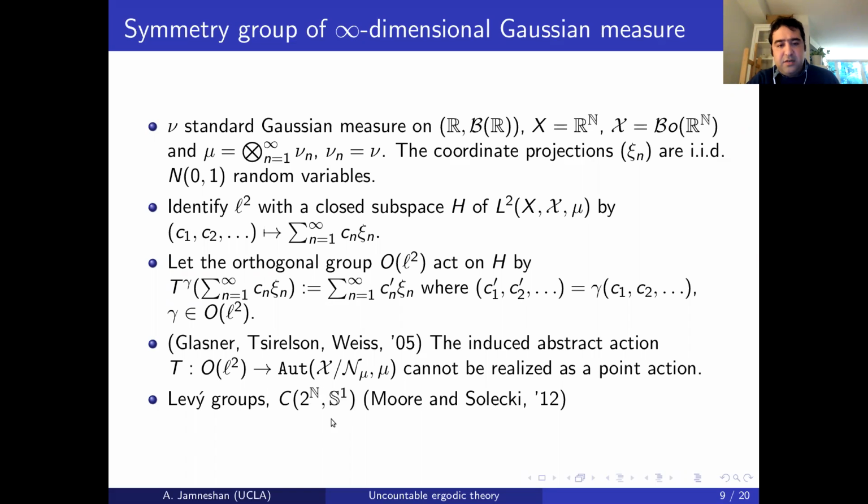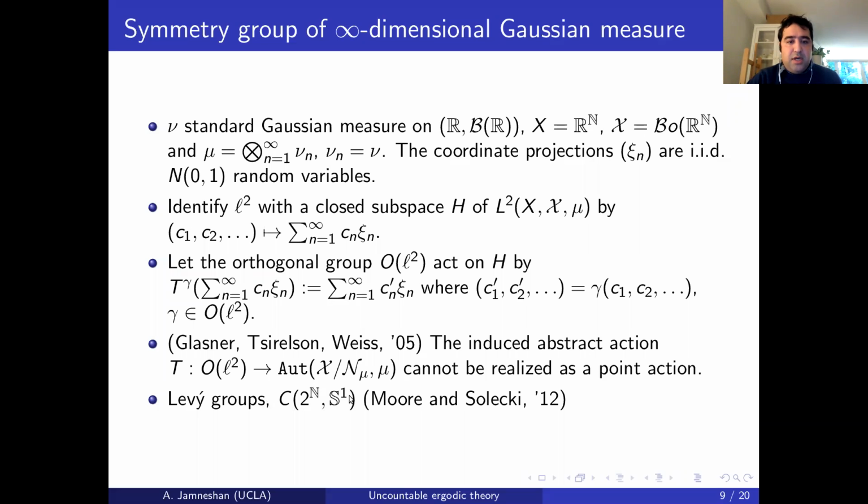And later their result was also extended in a different direction by Moore and Solecki, where they showed that the group of continuous functions from a Cantor set to the circle group has a similar property: any abstract action on a measure algebra cannot be realized as a point action.